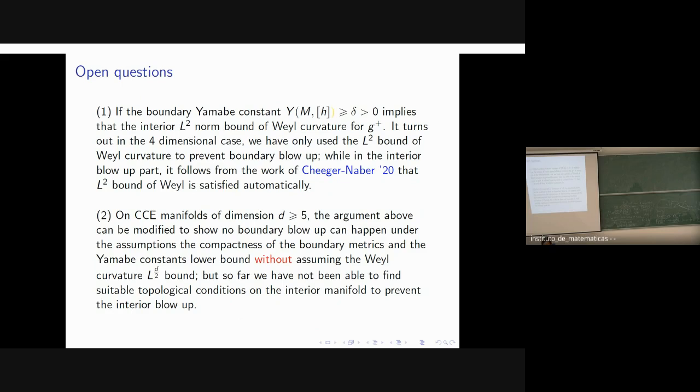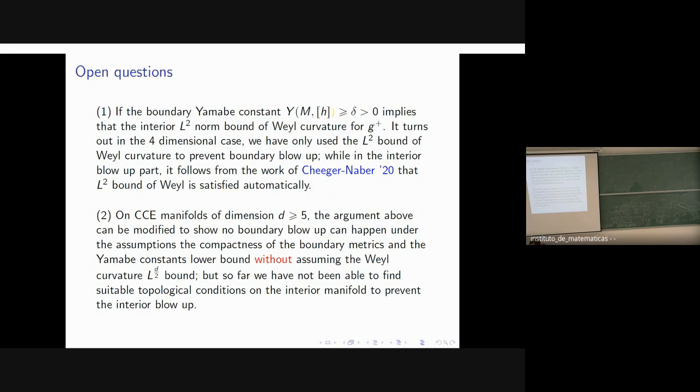So you don't need that to prevent interior blow up. That makes one wonder, can we remove the L2 norm of Weyl condition? That's going to be a deep theorem, and we are working on it and we have some partial progress.